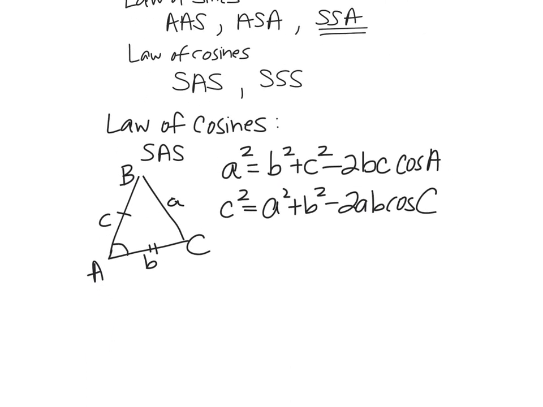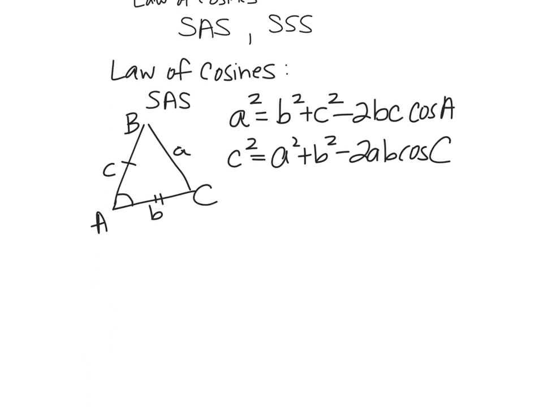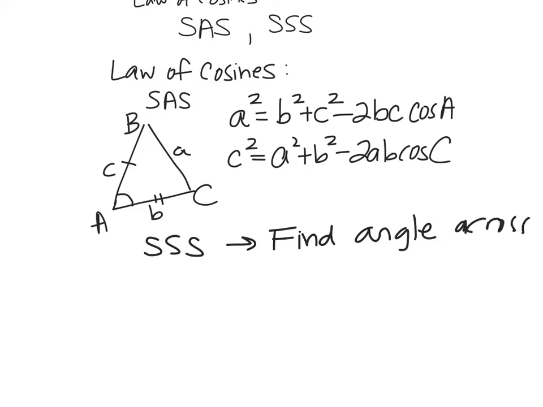All right. Now, the alternate form is when you have side, side, side. When you have three sides and no angles, what you want to do is start by finding the angle across from the longest side. Sometimes it doesn't work right if you don't do it that way.